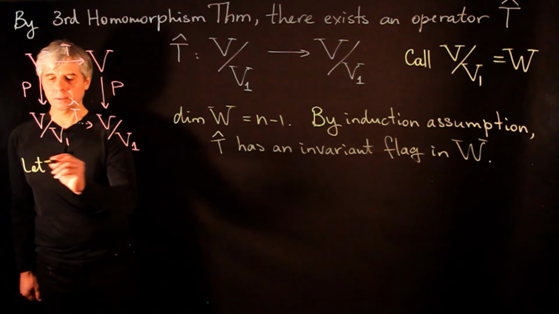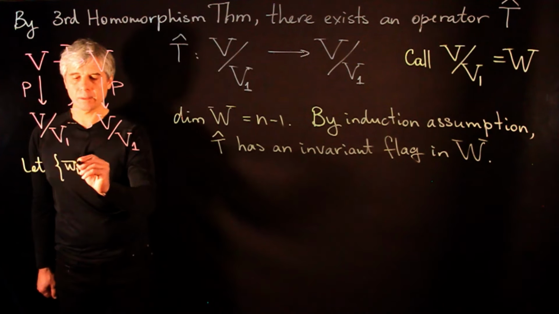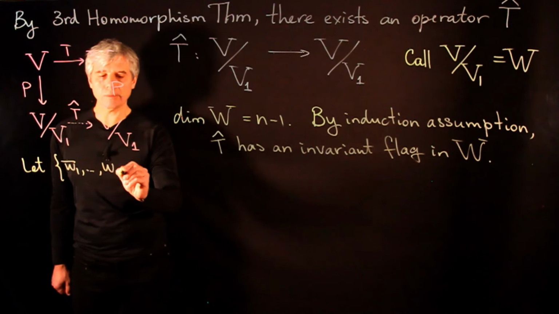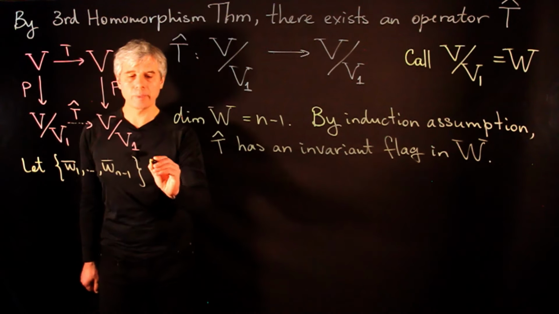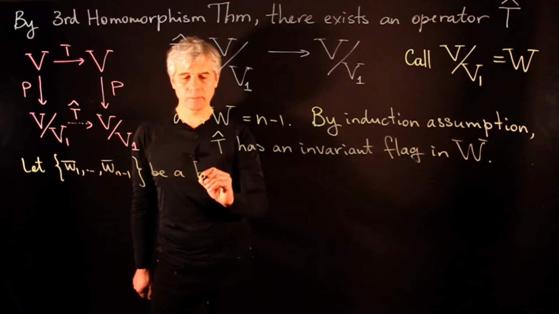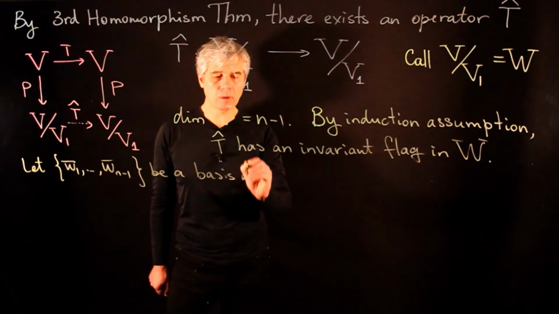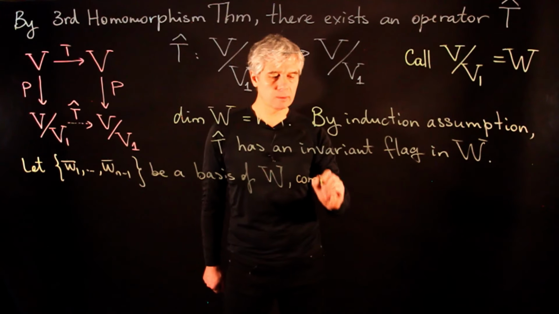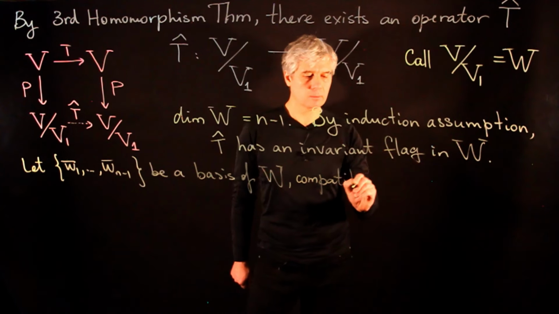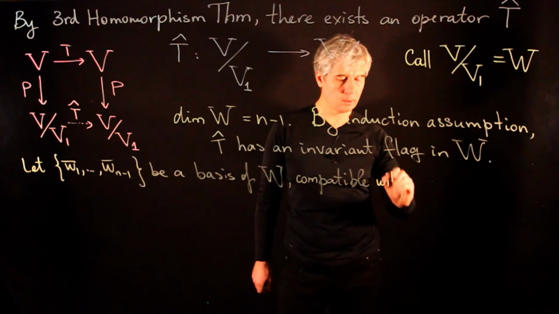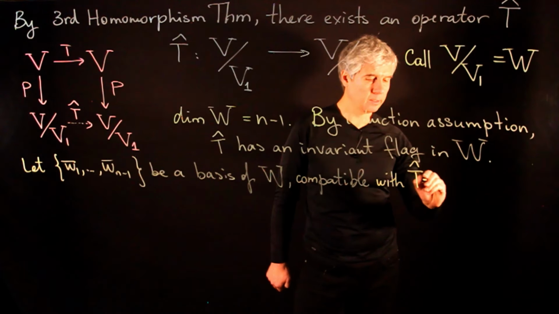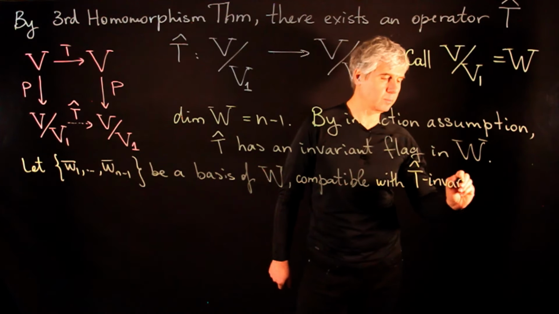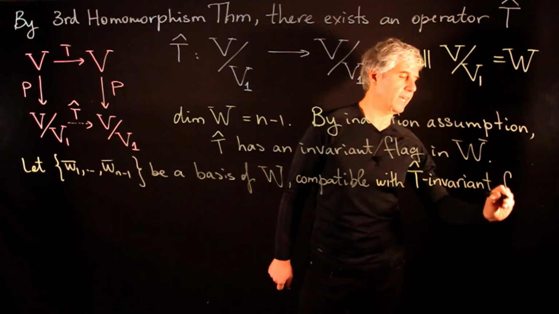Let W1 through Wn minus 1 be a basis of W, which is compatible with the T hat invariant flag.